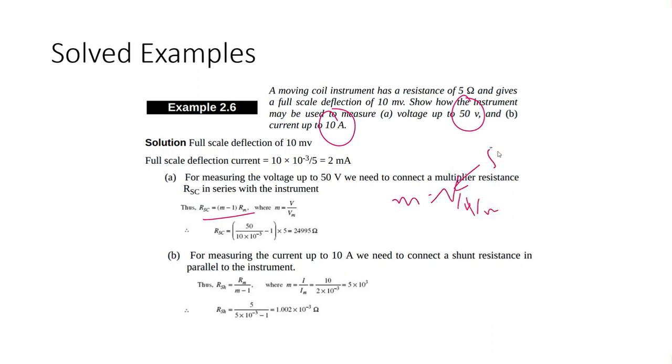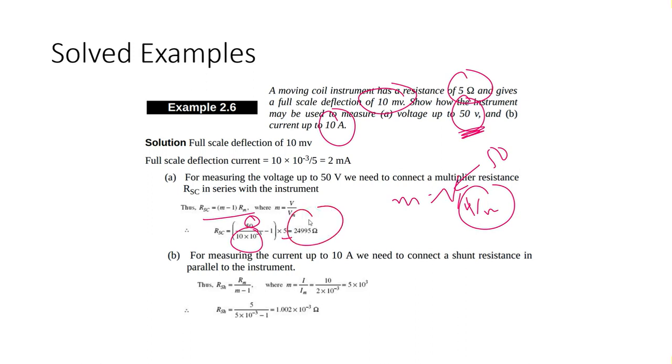V is 50 here because we want to convert it to 50, and Vm is 10 millivolts. So M is calculated as 50 divided by 10 millivolt. Rm is given as 5 ohm, so RSC is calculated by (50 divided by 10 power minus 3, minus 1) multiplied by 5 ohm.